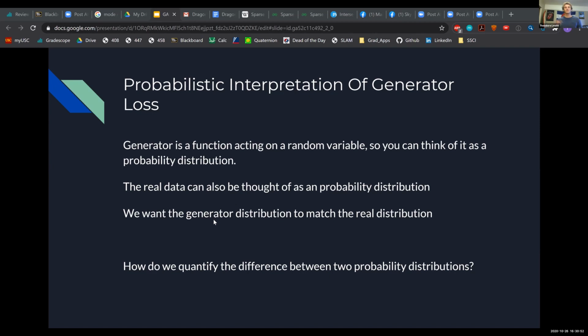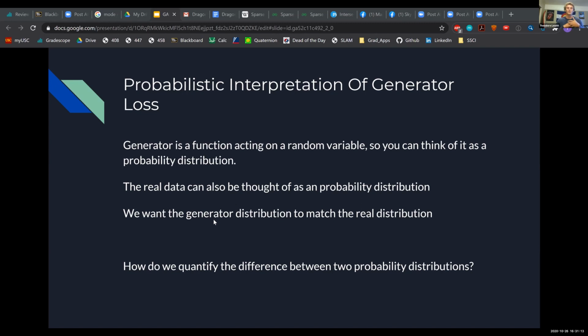So there's some probability distribution that it's going to produce, and we call that P generated.